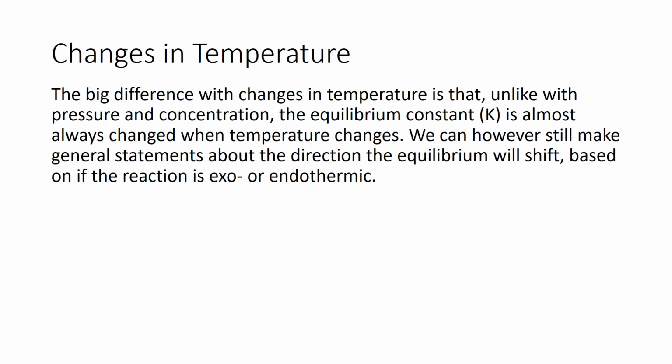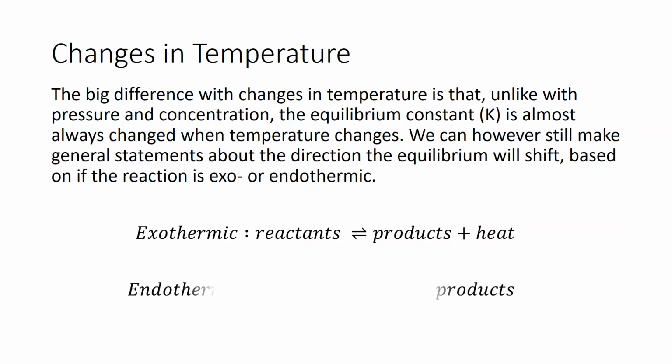We can, however, still make generalized statements about which way it will shift based on if the reaction is exo or endothermic, right? So in this case, we treat heat as either a product or a reactant, something that is added to the reaction or produced by the reaction, right? So exothermic, we treat it as a product, whereas endothermic, we treat it as a reactant.